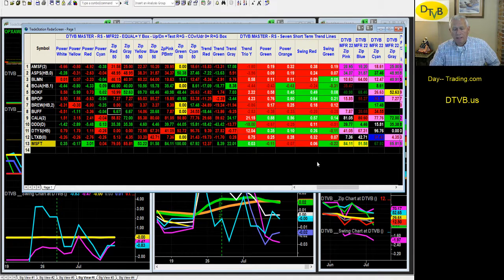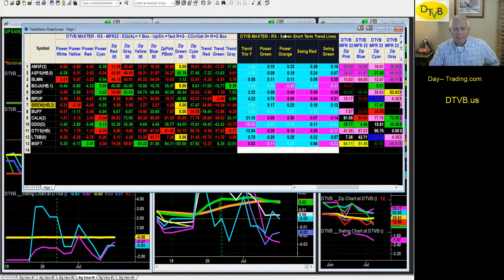Whatever it is, however you want to look at it, this is a powerful indicator. And again, you can put 30 indicators on the screen at the same time within radar screen. That's the maximum you can put, but obviously you can have numerous columns.